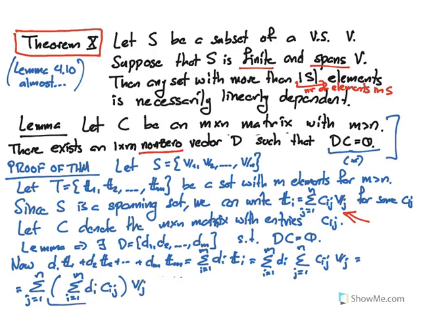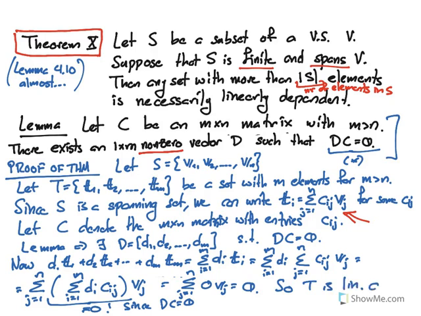Now, lo and behold, each one of these is 0, since d and C multiplied together to 0. So this is a sum of zeros. All right, so T is linearly dependent. And now we have proven theorem X.